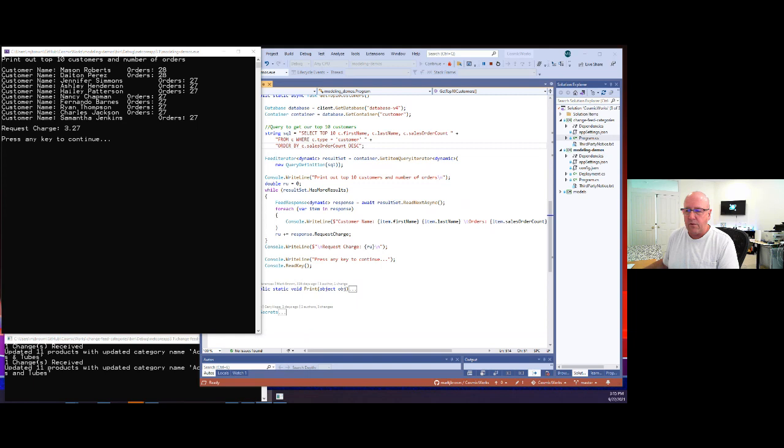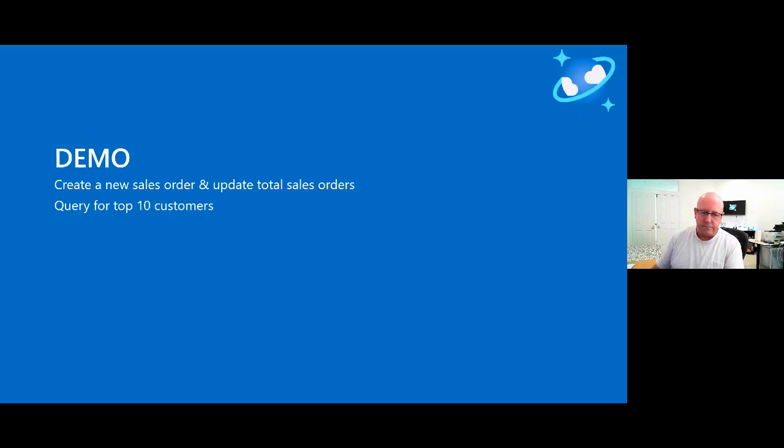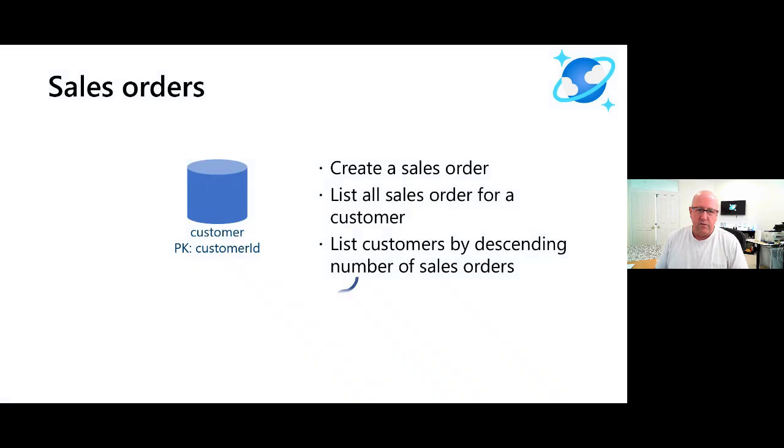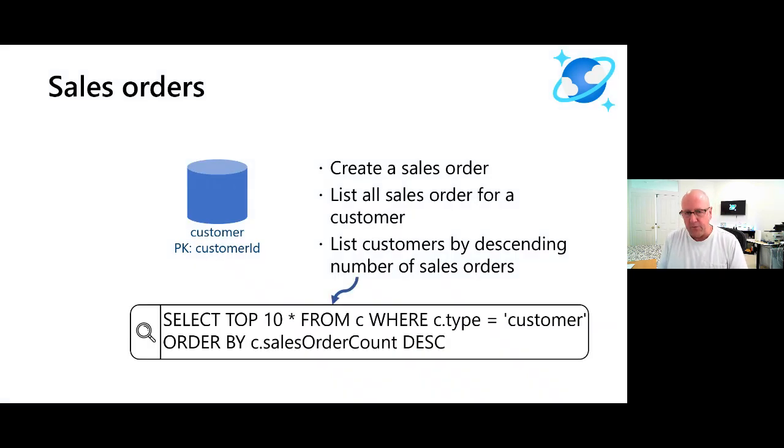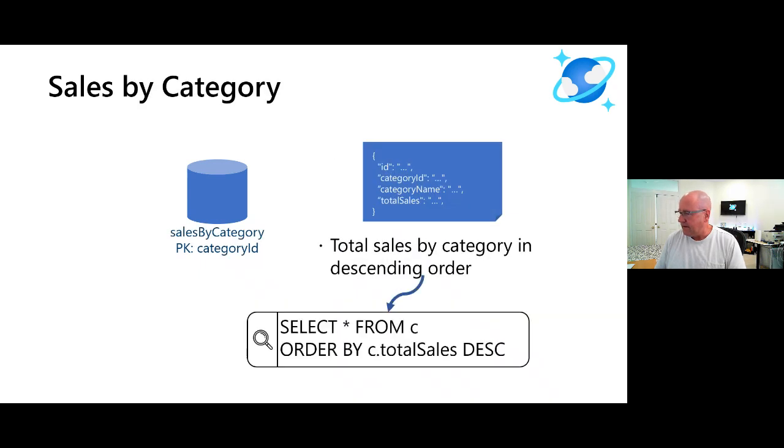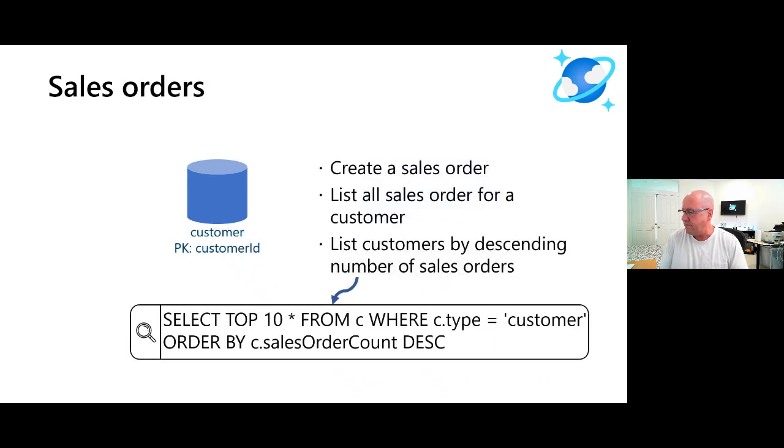Now, before I mentioned that you can't often tell the performance of queries. I don't know if you noticed, but that query is a cross-partition query, right? It's not using the customer ID as a partition key. It's basically going across all of them and then doing a sort by on the sales order count.